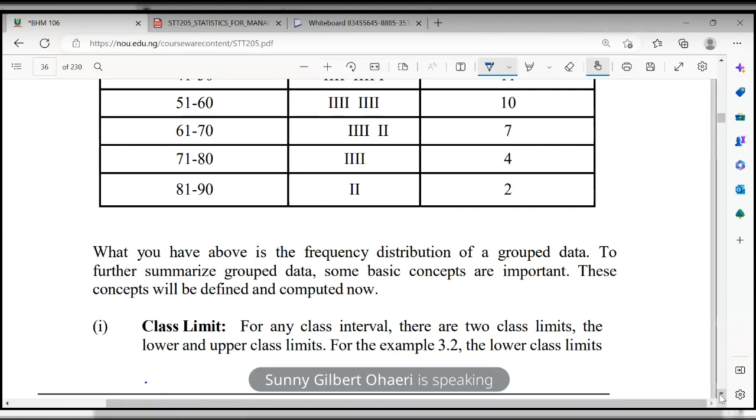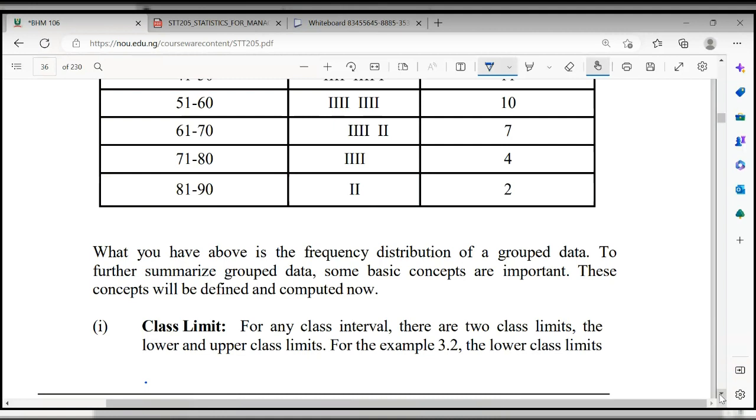Okay, 50 is the frequency of the intervals, right? No, 50 is the total frequency, like the total number of values. The question said 50 students. So we are just trying to check to see if we are correct.